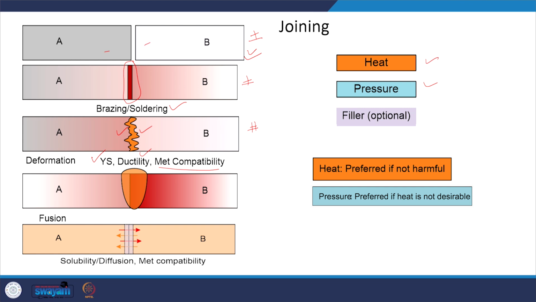Next is where a huge amount of heat is needed to achieve the fusion of the edges of the components to be joined, followed by solidification leading to the development of the fusion weld joint. This requires a very high net heat input for achieving the fusion of the edges.